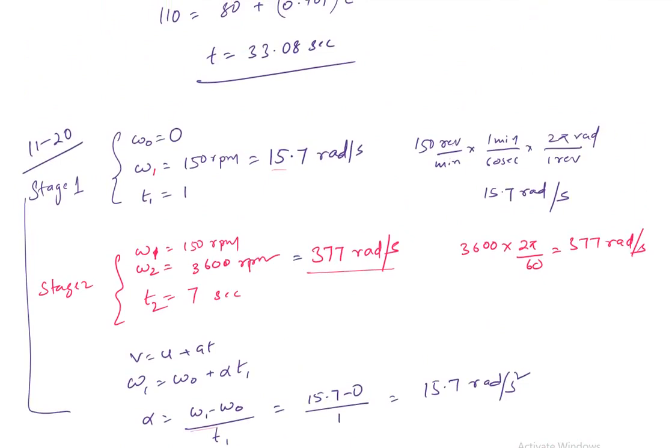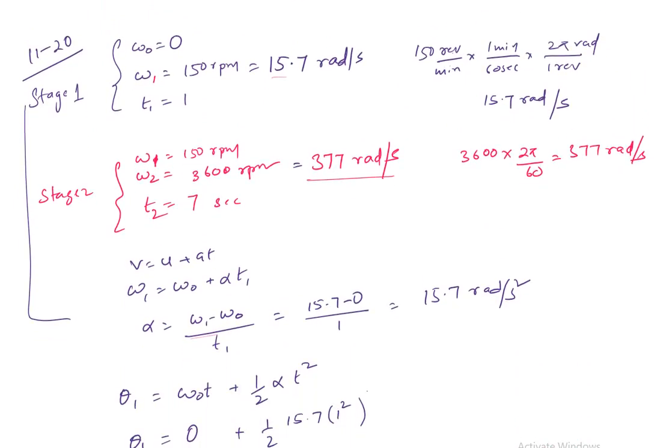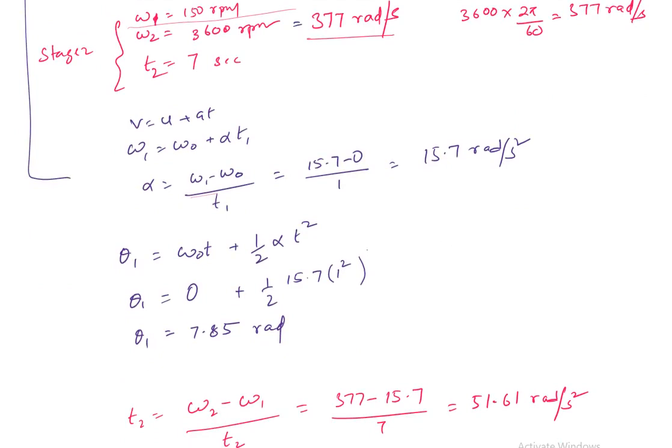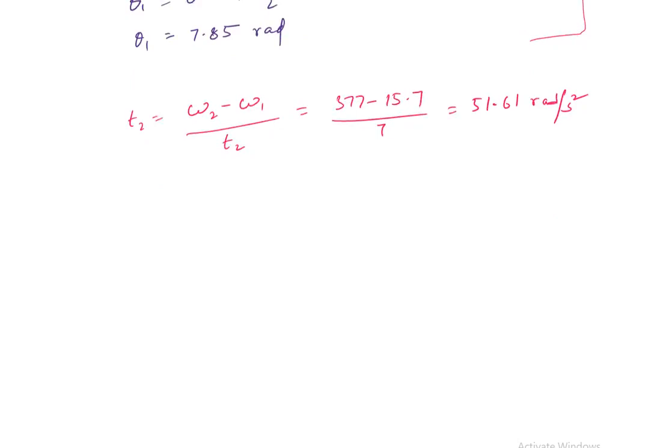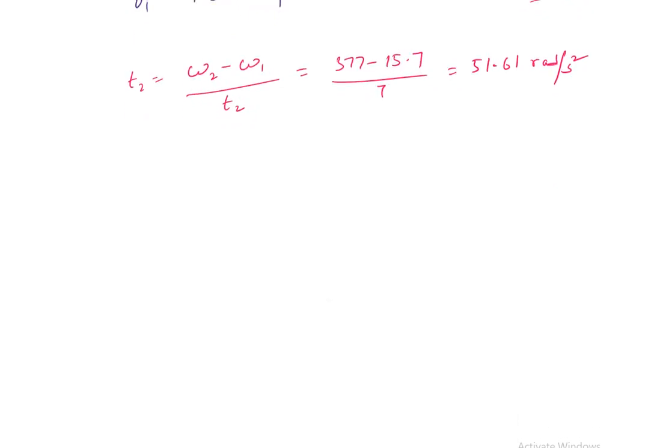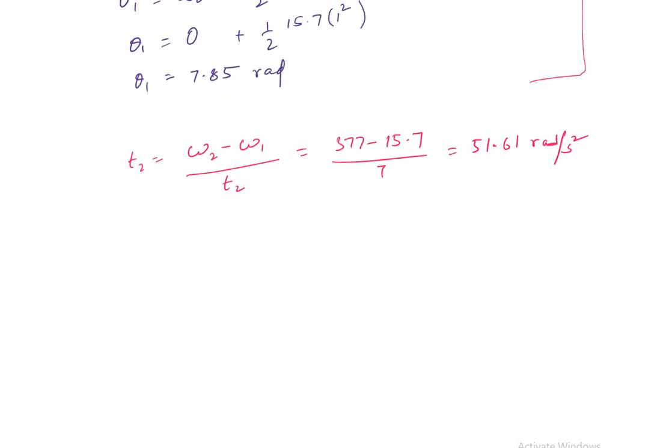The only thing here is that the final velocity of the first stage becomes the initial velocity of the second stage. Otherwise it's the same steps, you're just repeating it again. Sorry, this is not t2, this is alpha 2. Alpha 2 is 51.61 radians per second squared.